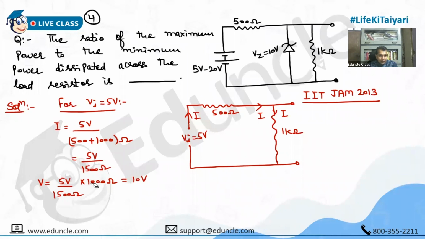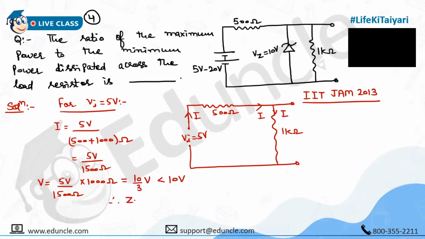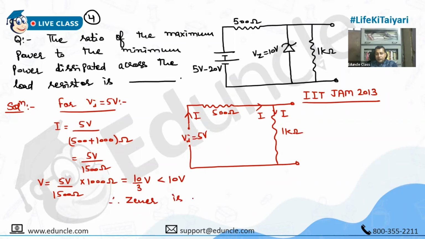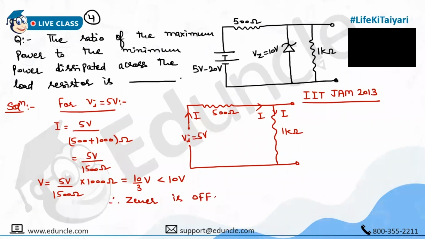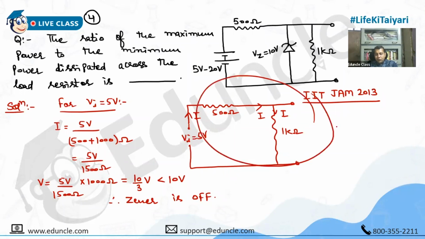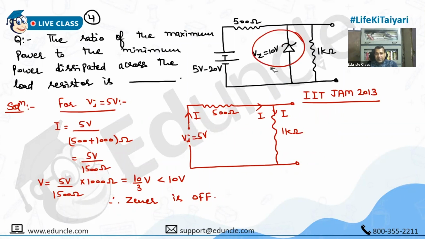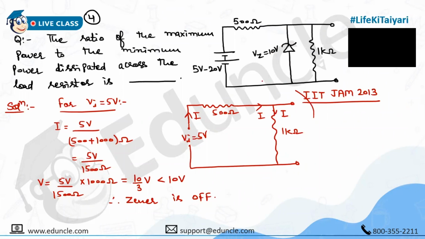No, it was 500, no? So 10 by 3. Yes, sir. So for Vi equal to 5 volt, Zener is off. So it means Zener current will be 0. It means the same current will flow through the resistor that we have calculated right now, this 5 volt by 1500 ohm, because Zener is doing nothing in this case. That is, the circuit is exactly similar to this one that we have supposed.